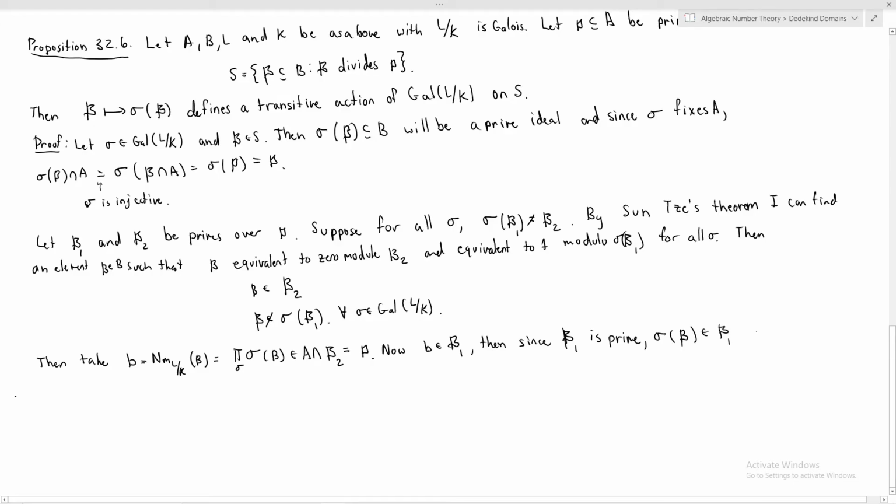But then we're going to get a contradiction, because then beta will lie in sigma inverse of B1, which is a contradiction by this. Hence, there has to be some sigma which takes B1 to B2.